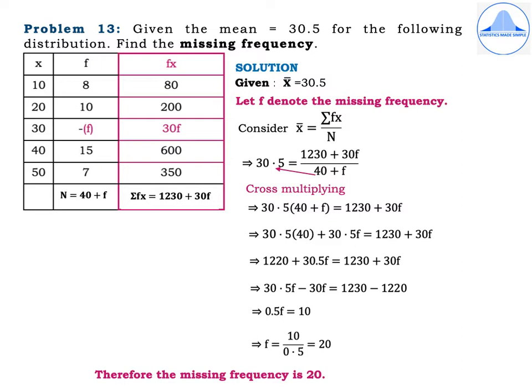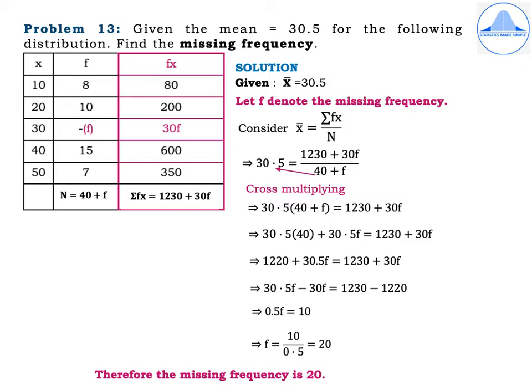Then multiply 30.5 with each term within the brackets. So you'll get 30.5 into 40 plus 30.5f is equal to 1230 plus 30f, which implies 1220 plus 30.5f is equal to 1230 plus 30f.